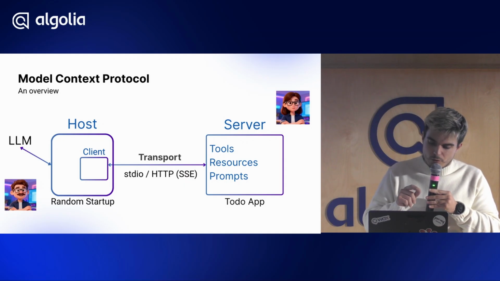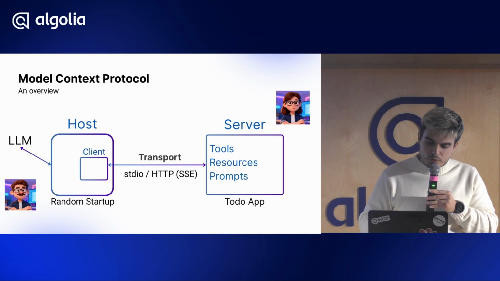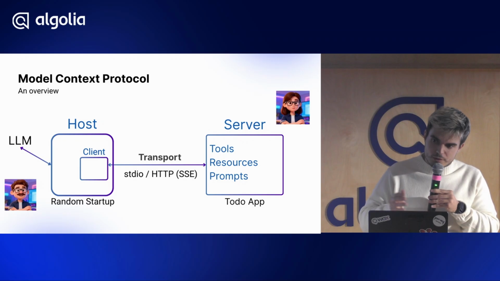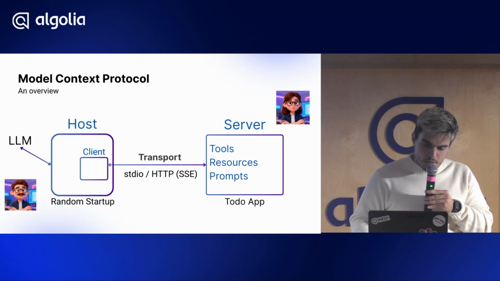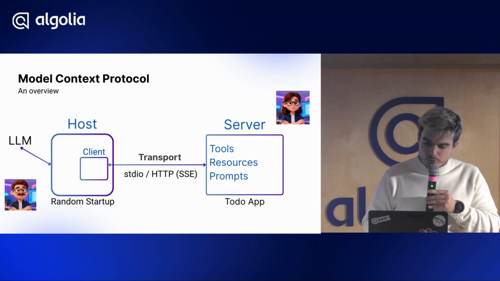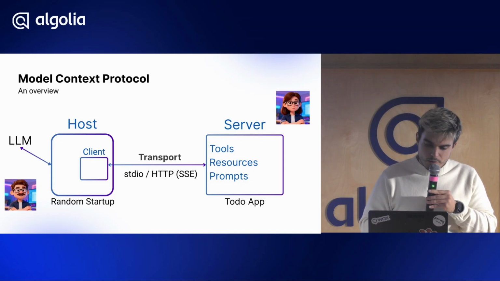It will connect over the transport, which is like the wire between the client and the server, and that transport can be either STDIO for locally with a separate process, or HTTP over the network. And the LLM will tell that client, hey, I need you to interact with that tool, with that resource, so please do that whenever I need it.